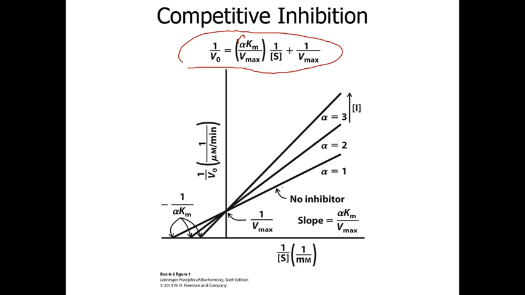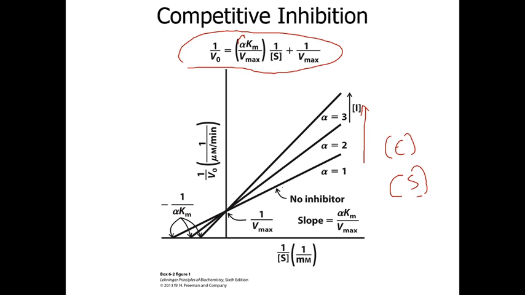If you were to increase the concentration of inhibitor, remember each experiment is at constant enzyme concentration and variable substrate concentration.